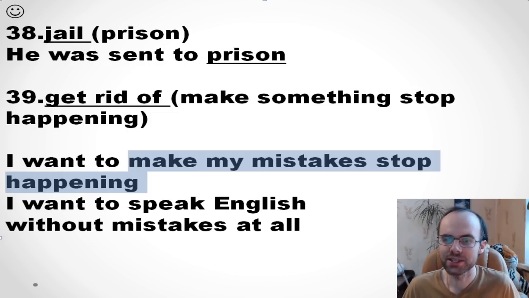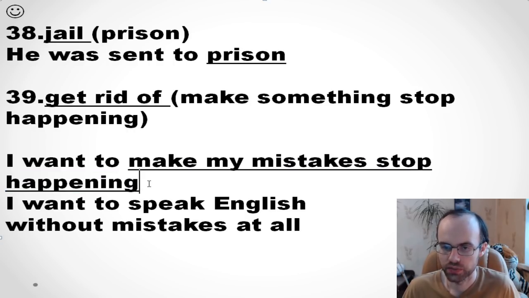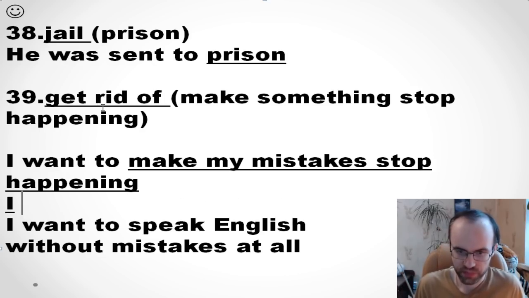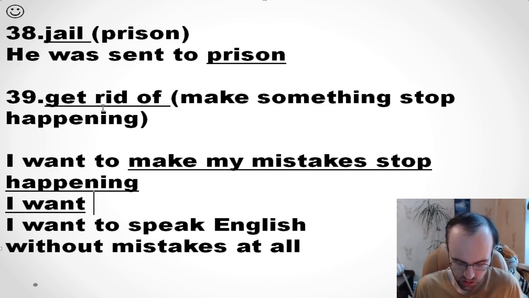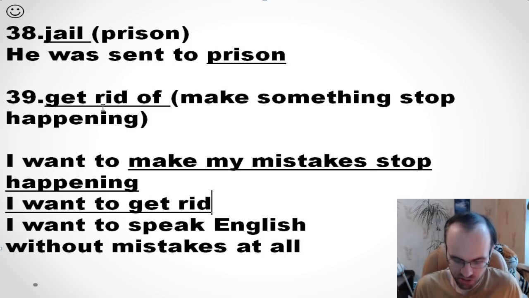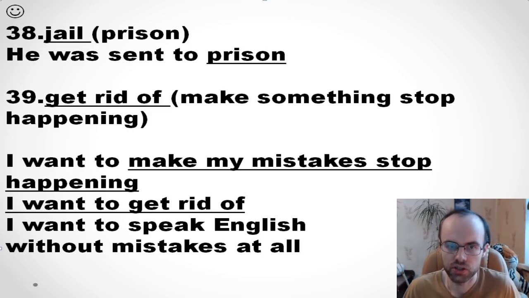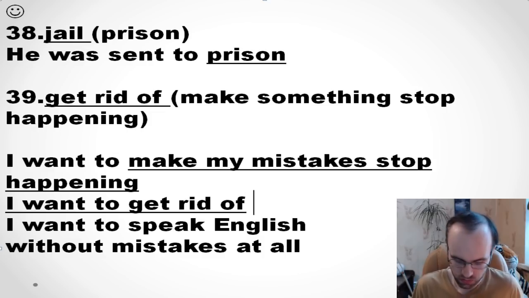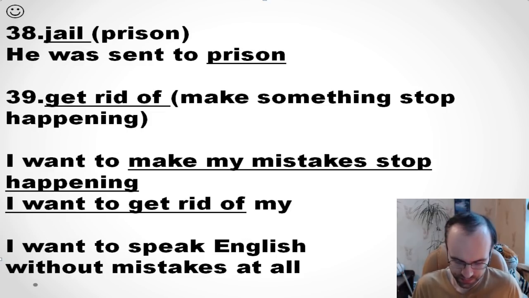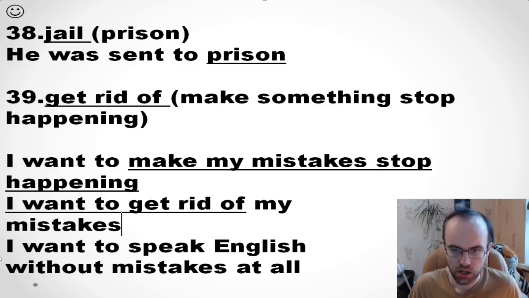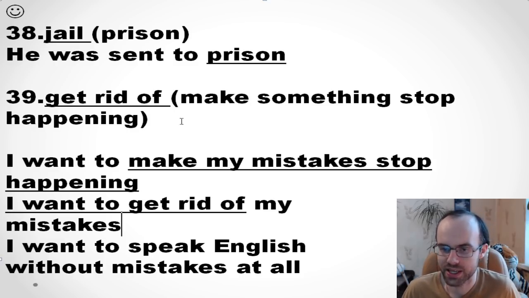So when you're really tired of your mistakes and you don't want them to happen any longer, how will you say it using this expression? I want to get rid of my mistakes. It means that I want to make my mistakes stop happening. So I don't want to see these mistakes again.